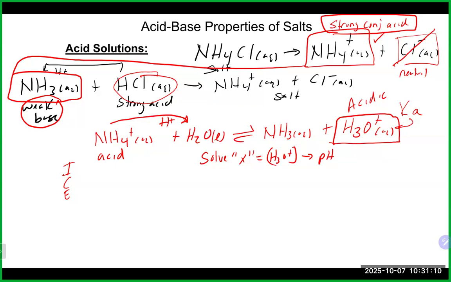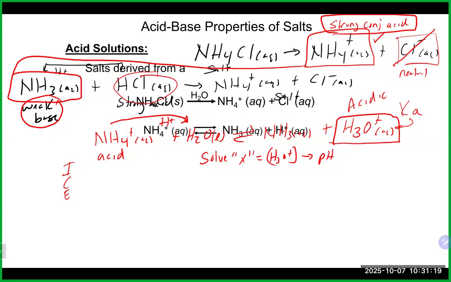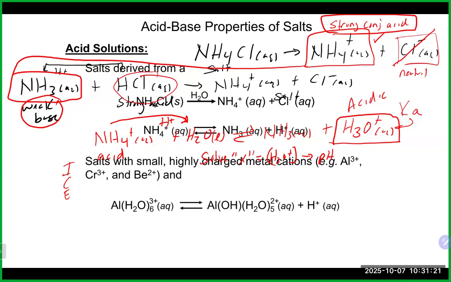Now, in addition to a traditional salt that is acidic, there is also another way that we can make an acidic salt, and that is from metals that are complex ions that are hydrated with water or other things.